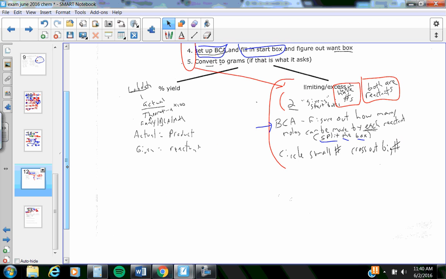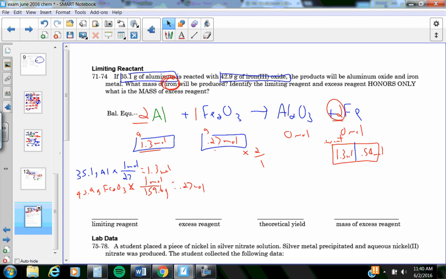Next step, it says, circle the smaller number, cross out the bigger number. Though we have enough aluminum to make 1.3 moles of iron, we only have enough iron 3 oxide to make 0.54, so that's all we're going to get. We aren't making 1.3, we're only making 0.54. Why? Which thing did we cross out?